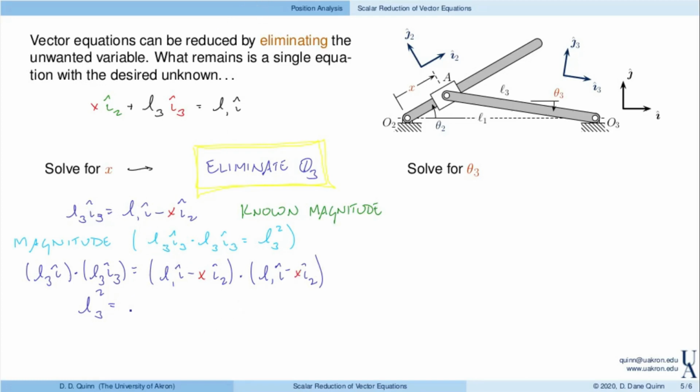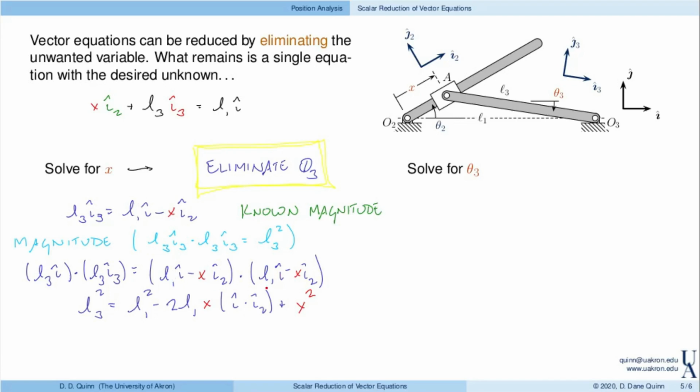And as a result, if you work through this, you end up with L1 squared minus 2 L1 x times I dot I2 plus x squared. Again, take these dot products, I get L1I dot L1I.